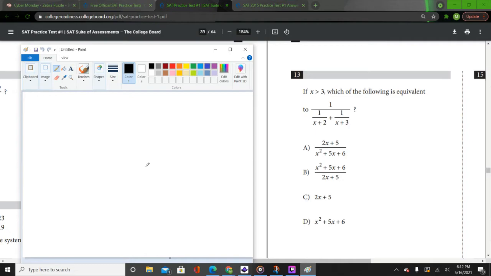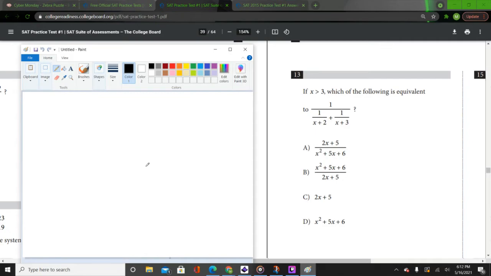They don't want it being such that x is actually, let's see. Oh no, I did that wrong. Never mind. Here. So I think the best thing to do would just be to bang it out. If x is greater than 3, what is this?